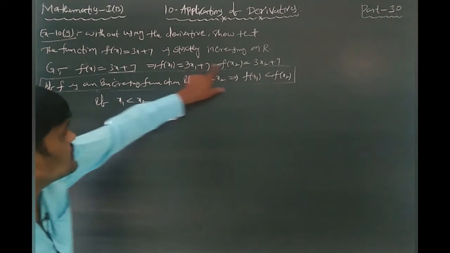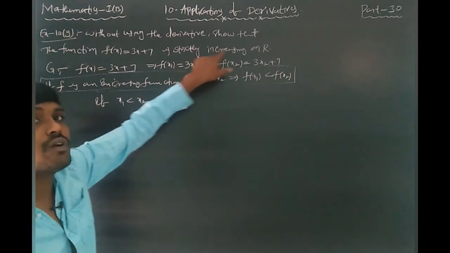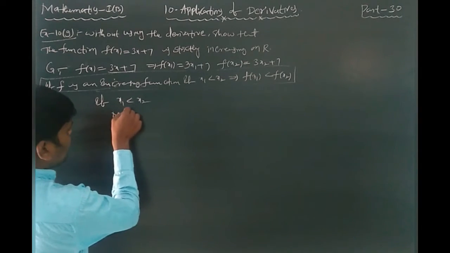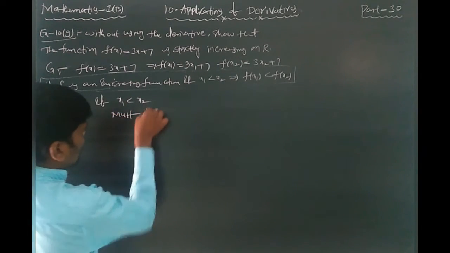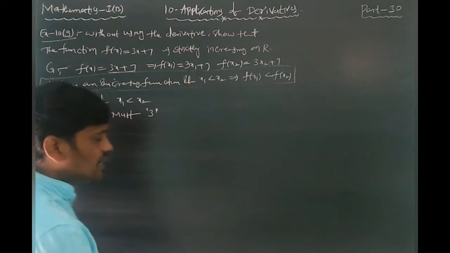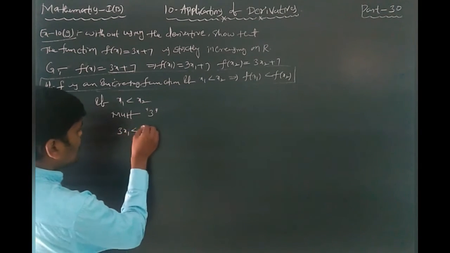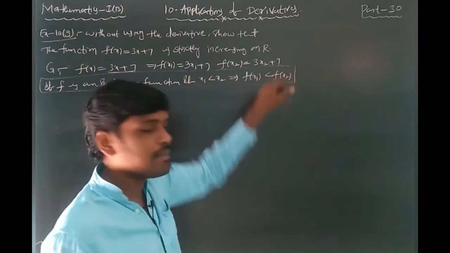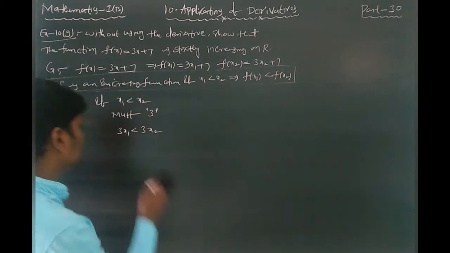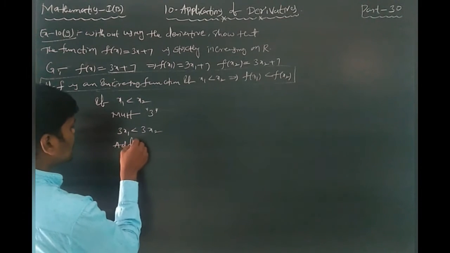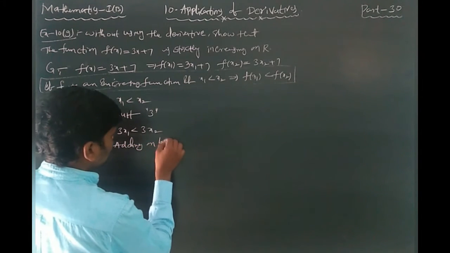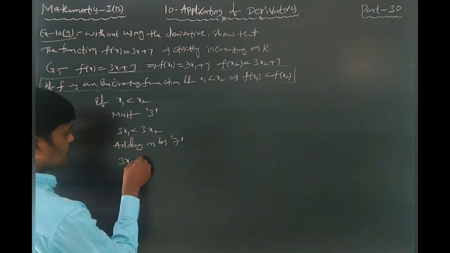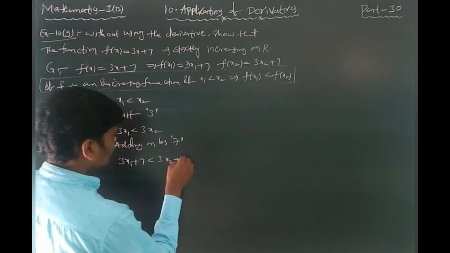Here x1 and x2 have the coefficient 3, so multiplying on both sides by 3, you get 3x1 less than 3x2. After that, adding 7 on both sides, you get 3x1 plus 7 less than 3x2 plus 7.